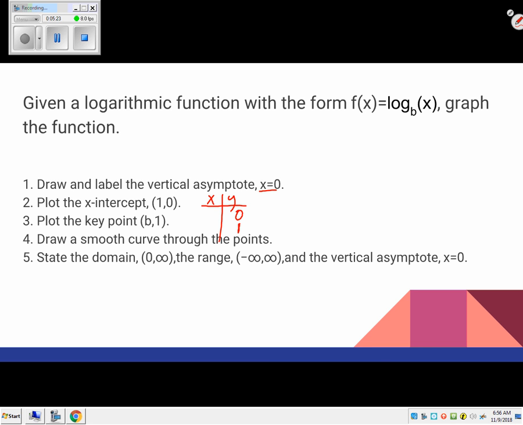And I'm going to tell you, every time, this is going to be a 1 right here. And whatever my b is, whatever this subscript, is going to go right here on this side. Draw a smooth curve. And we got domain, range, and asymptote that I'm going to be interested in listing out to the side.